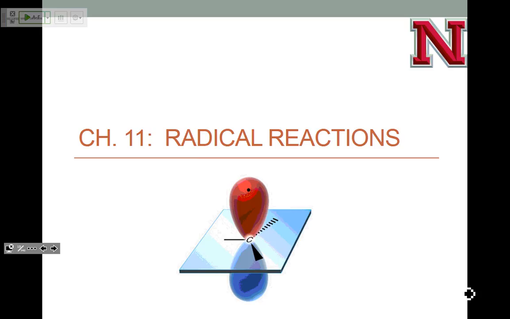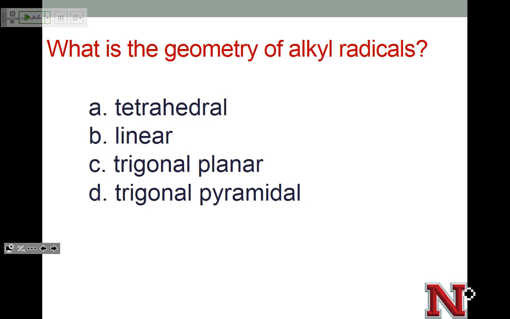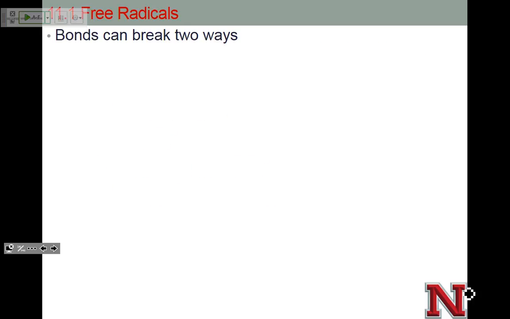So our radical. So what is a radical? What does it look like?